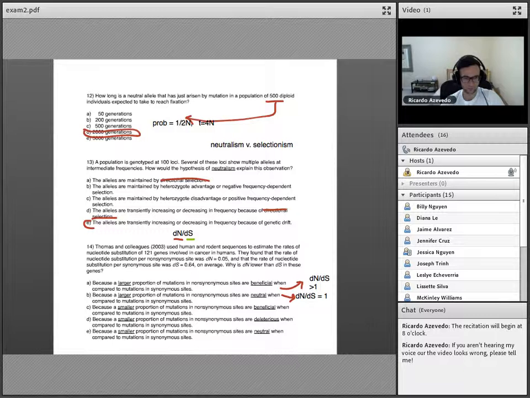D, because a small proportion of mutations in non-synonymous sites are deleterious. That's not the case. If they are deleterious, that also wouldn't explain this. E, a small proportion of mutations in non-synonymous sites are neutral. That's not the case either. F, a small proportion of mutations in synonymous sites are beneficial. So they're mostly deleterious. That's why the proportions are like this. So C is the correct answer to question 14.